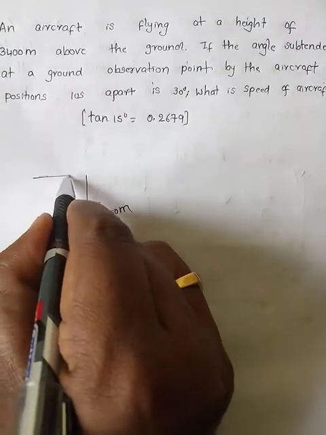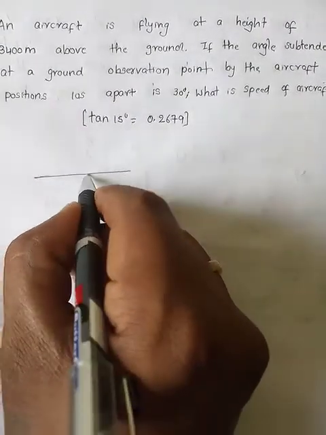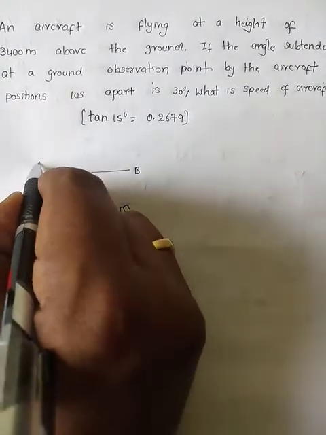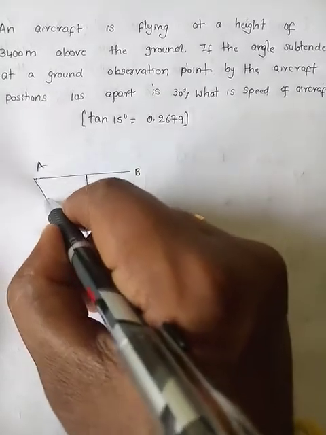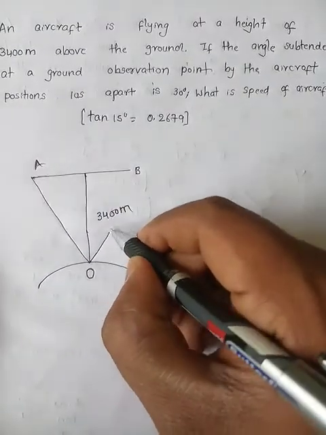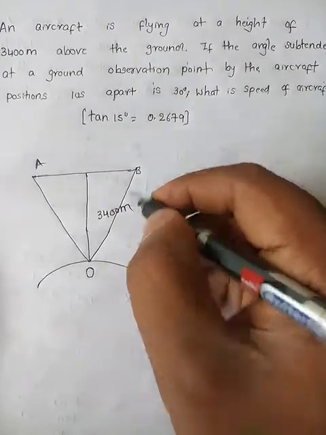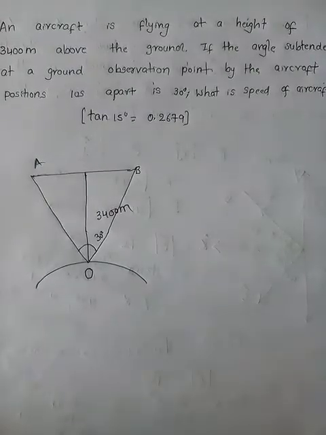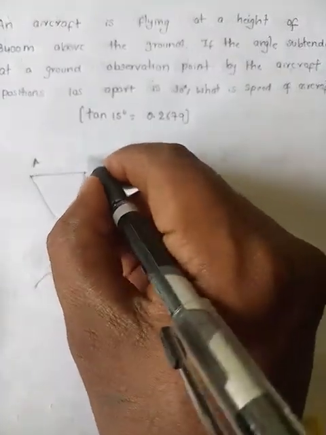For example, it is moving like this. It started from B and ended at A. So what is the angle? According to the question, the angle is 30 degrees. Let us take the midpoint as C.